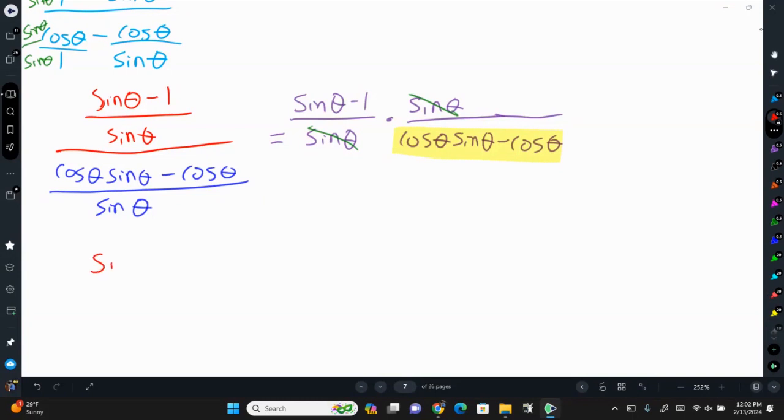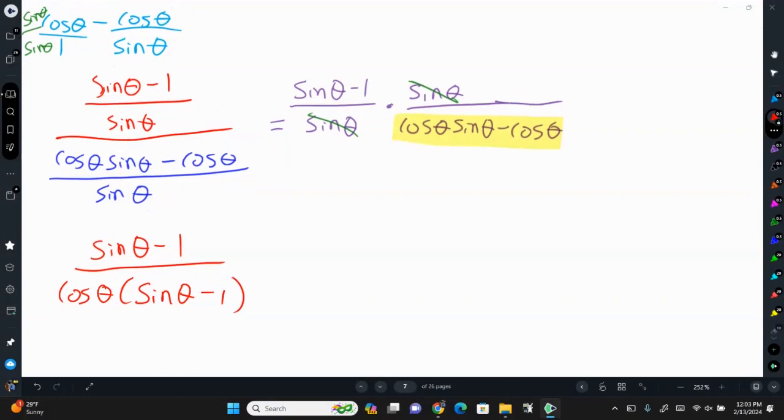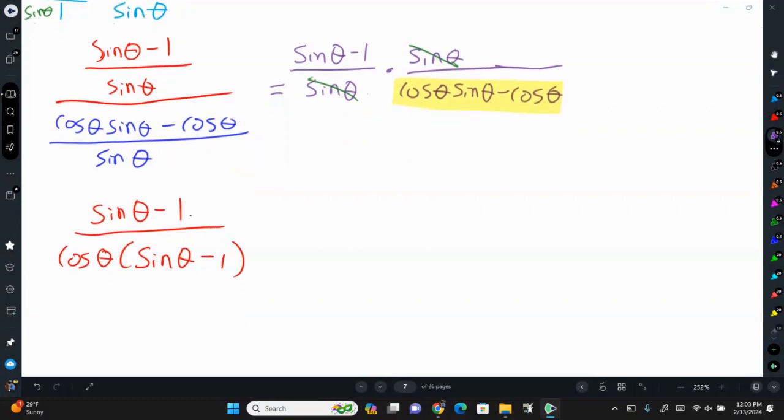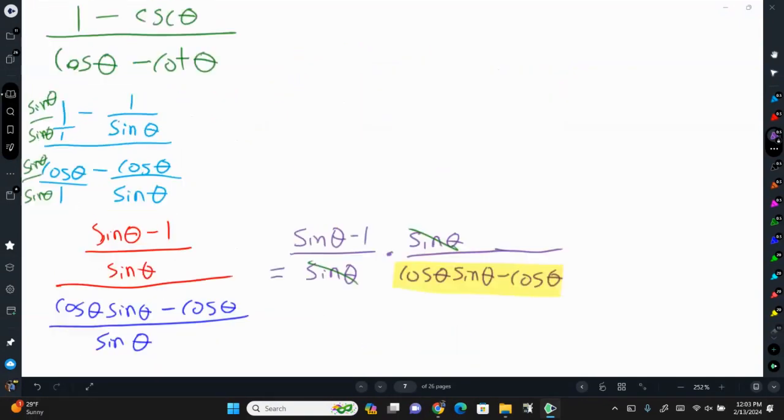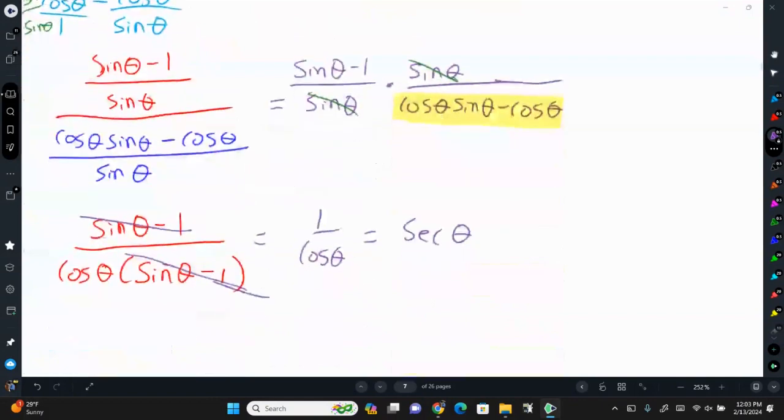So then I'm going to have sine theta minus 1 over cosine theta times sine theta minus 1. I can cancel sine theta minus 1 from the top and bottom, and we get 1 over cosine theta, which we know is equal to secant theta, and that's what we're trying to get up here. So that would be one way to prove this.